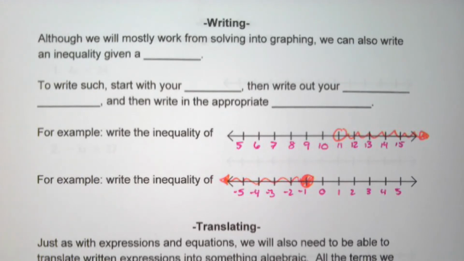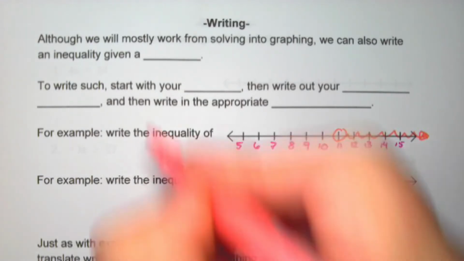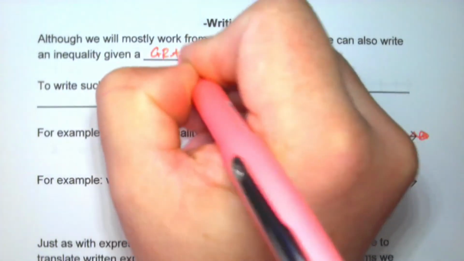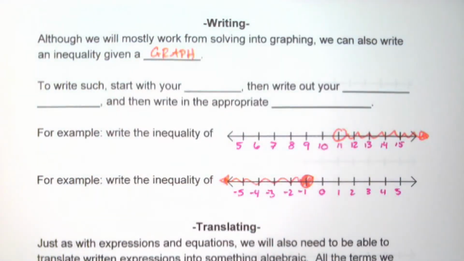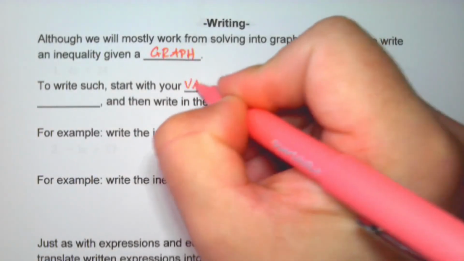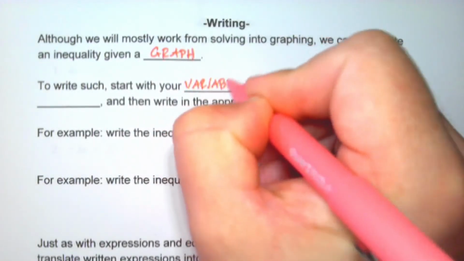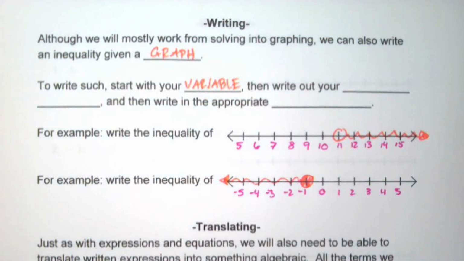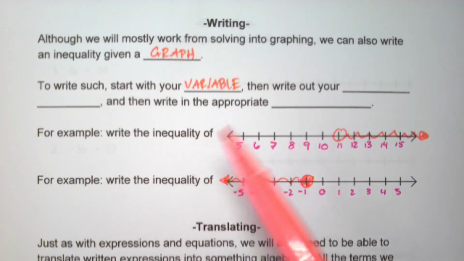So hopefully you paused it, got those 2 written out. So when we write an inequality, instead of just solving it, graphing it, we can also create the inequality itself given a graph. Now, in order to write this, we're always going to start with our variable. So when we graphed, we actually started with that number value, right?